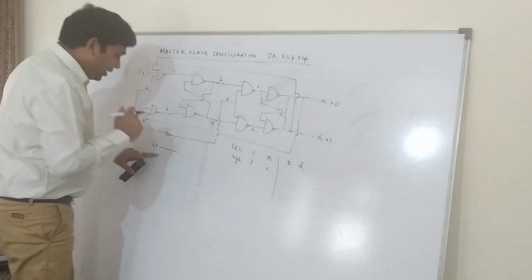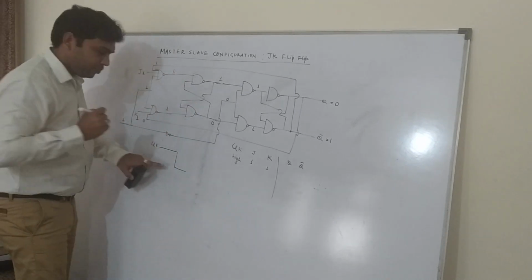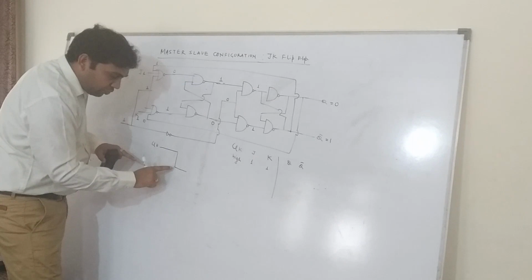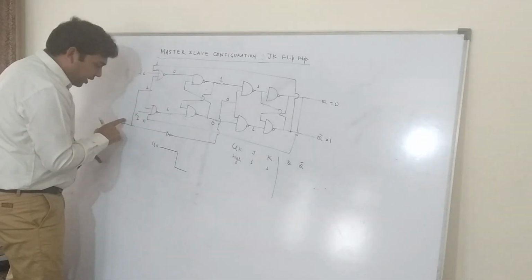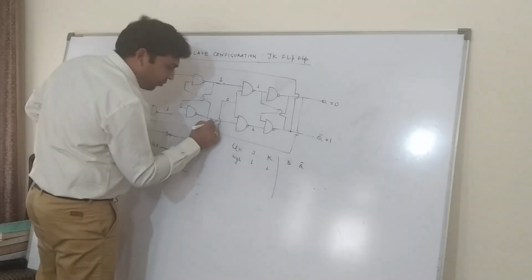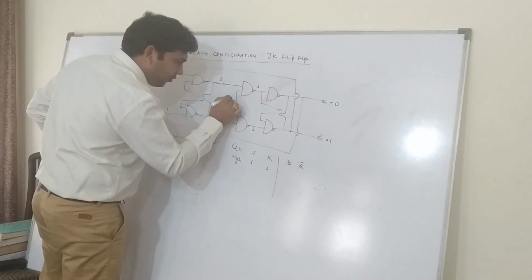Okay, now let's say the clock goes from 1 to 0. As soon as the clock goes from 1 to 0, this will become 0 and this will become 1.